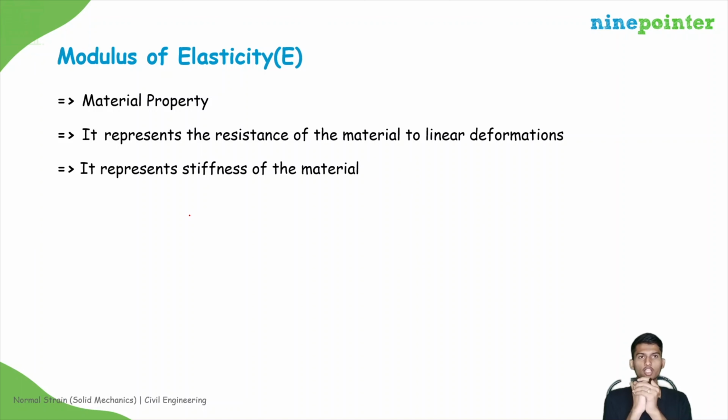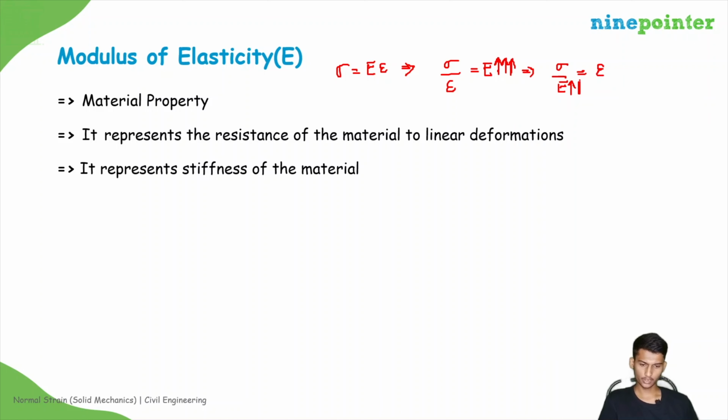About modulus of elasticity, I said earlier that it is a material property, right? So sigma equals E into epsilon, sigma by epsilon equals E. Let us write it like this: sigma by E equals epsilon.